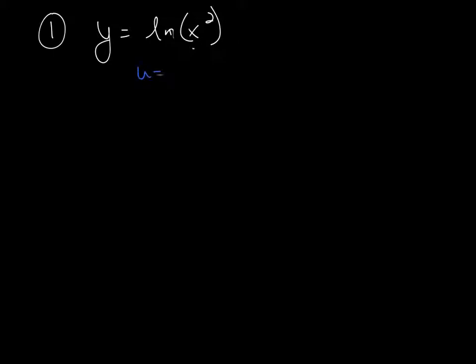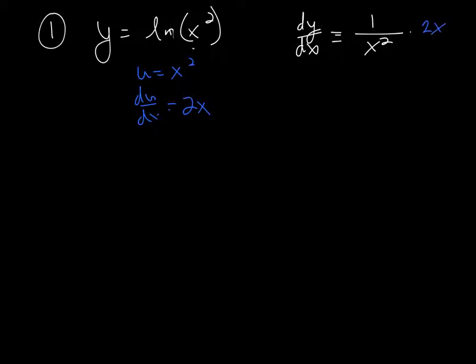My u is going to be my x squared, so du dx is equal to 2x. When I go to do my dy dx then, it's going to be 1 over u. So applying my rule, I know my rule is not written here anymore, but you should have your rule on your paper. 1 over u, and my u was x squared, times my du dx, which is 2x.